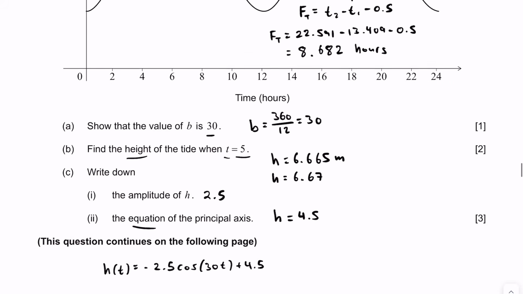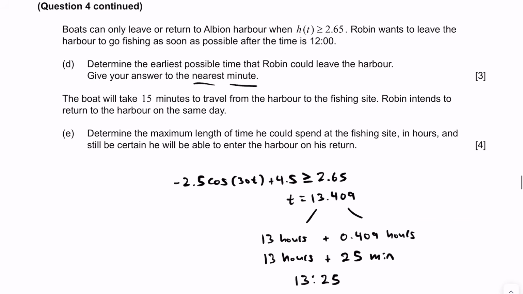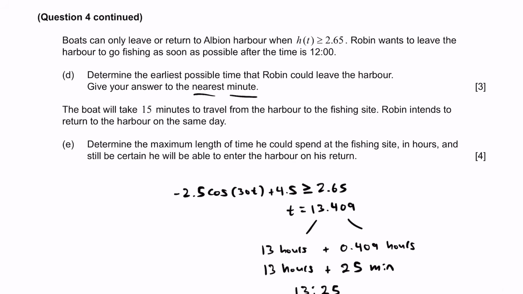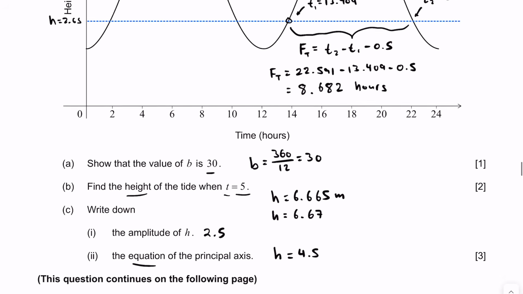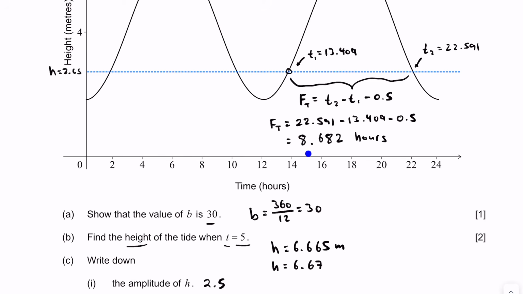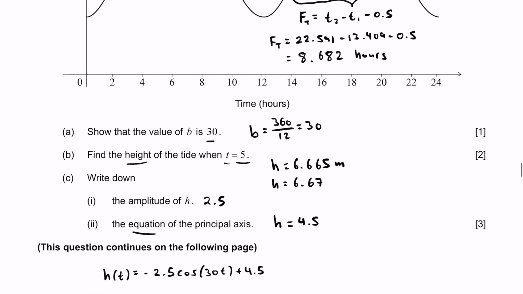And let's see if they need us to write this out in minutes. Determine the maximum length of time he could spend at the fishing site in hours and still be certain he'll be able to enter the harbor on his return. So in this case, we don't need to convert it to minutes. He can spend 8.682 hours fishing and still ensure that he makes it back on time. Okay.